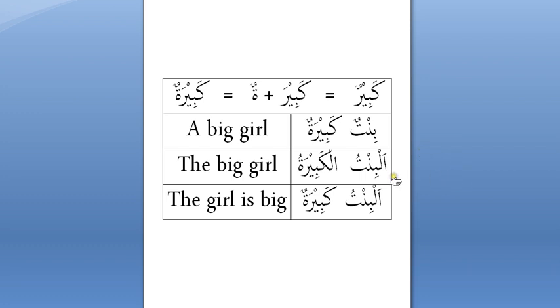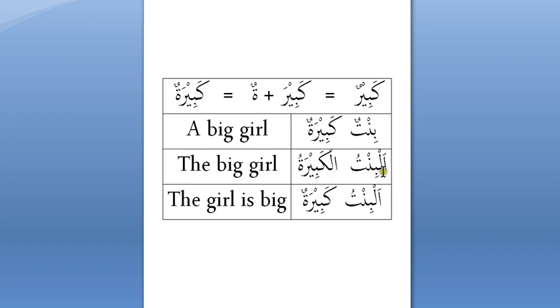Next one, we say the big girl. Al bintu, the girl. Al kabiratu, the big. As we have seen here, we have placed al in front.